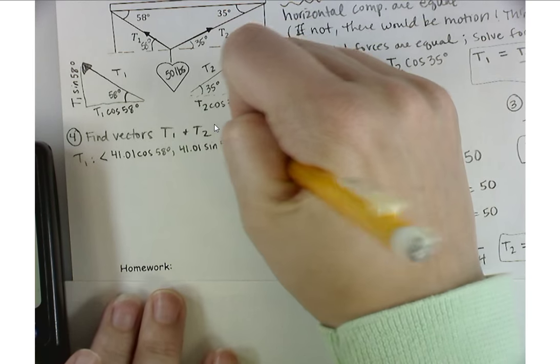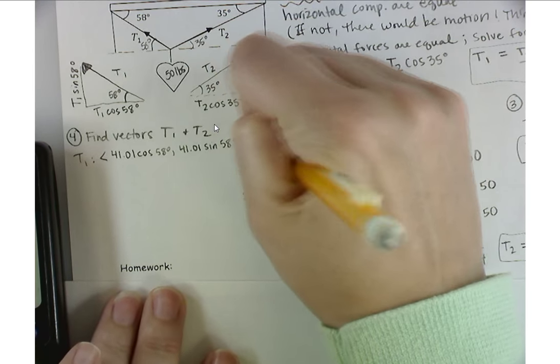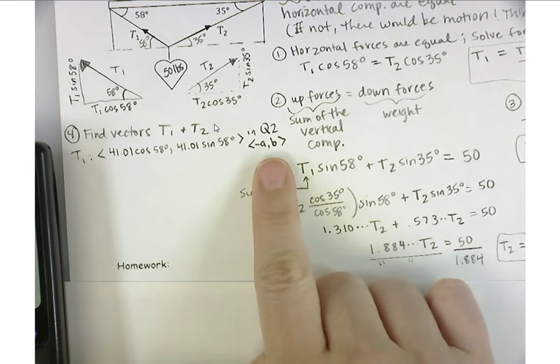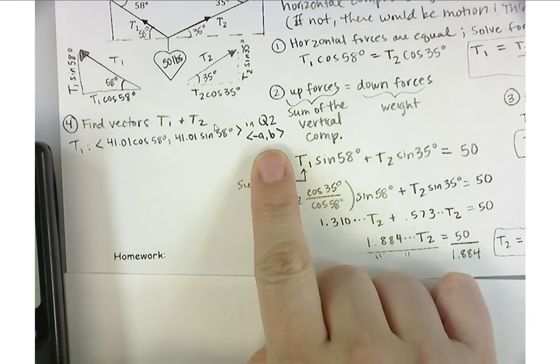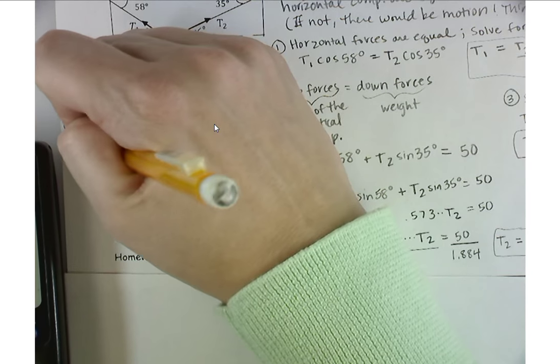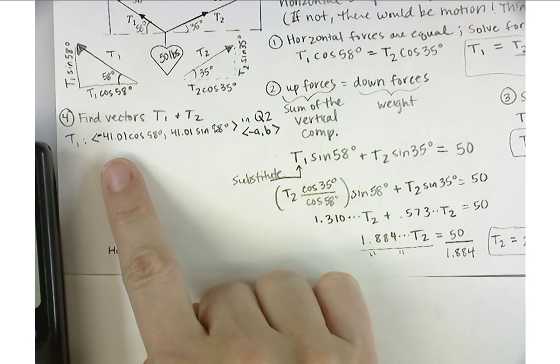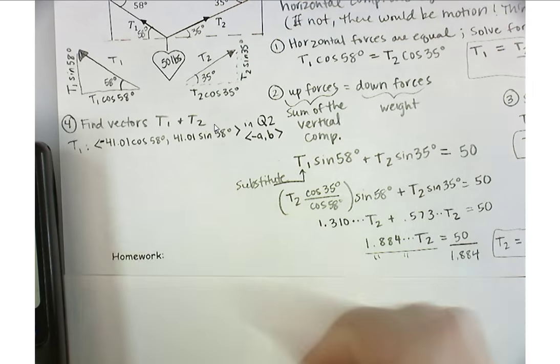Yes, okay, so in quadrant 2, your vector should have a negative A value and a positive B value, right? You guys agree that in quadrant 2, your A value should be negative? Okay, so then we're going to make this value negative, right, to represent its position.